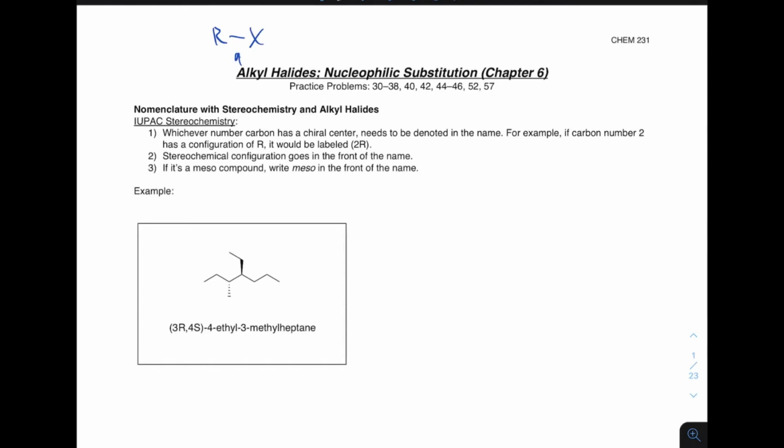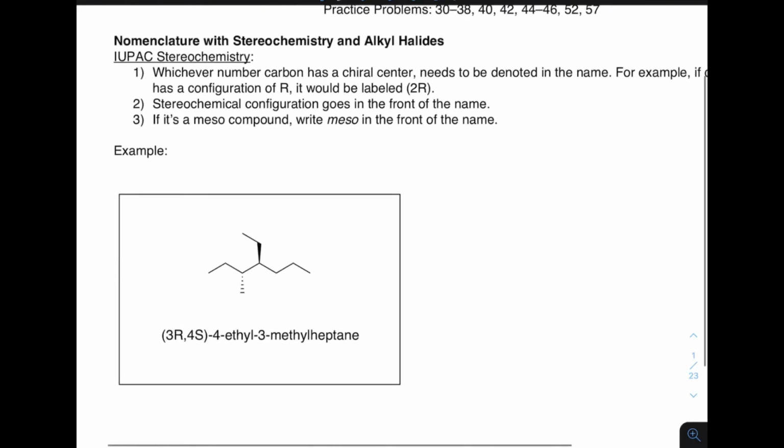And so looking at this first carbon, carbon number 3, the highest priority group would be this carbon right here, which is bonded to 2 carbons and a hydrogen. This would be our second highest priority, because this carbon is bonded to 1 carbon and 2 hydrogens. And then our methyl group is our number 3 priority, because it is just carbon bonded to 3 hydrogens. And of course we have our hydrogen on the wedge here, which is our priority number 4.